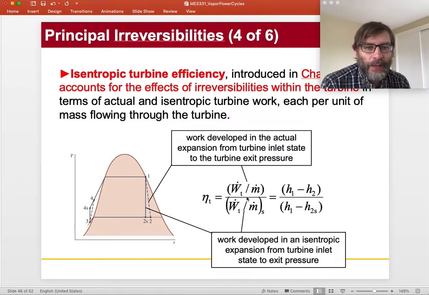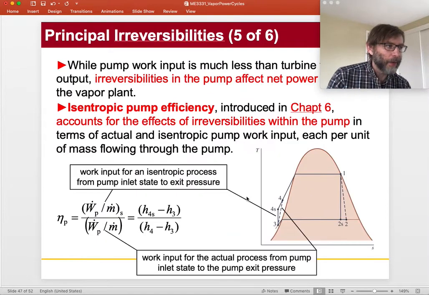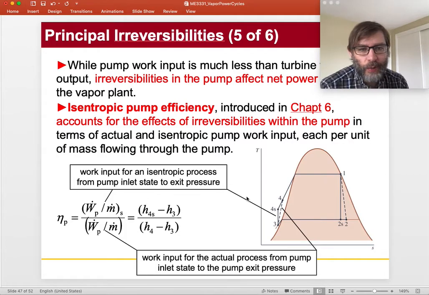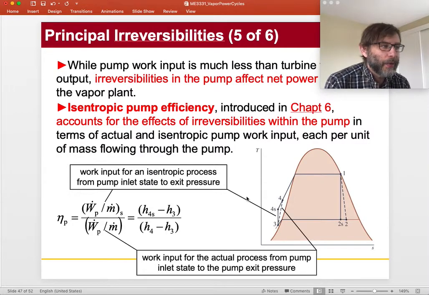Okay, so we can easily figure this out using a turbine, and we can also do the same thing for the pump, and we just have the reciprocal of that efficiency, H4S minus H3 over H4 minus H3. So this is a pretty simple thing to do.